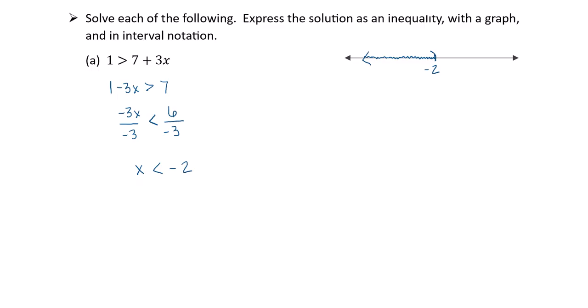We'll put a parenthesis on the -2 to show that it is not included in the answer set. And in interval notation, we read from the left on the graph, and it's coming from -infinity, and we stop at -2, but don't include -2.